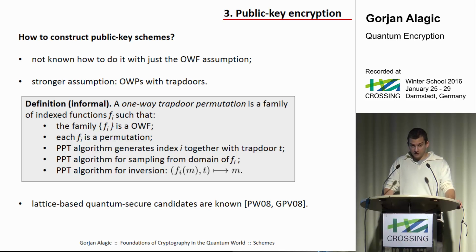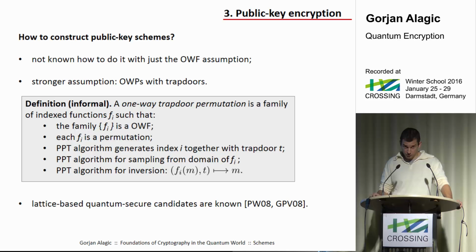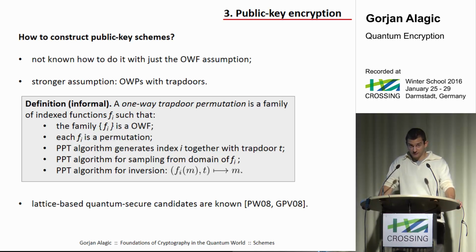We need some efficient algorithm for generating an index, and this algorithm should also output some trapdoor secret T. There also needs to be an efficient algorithm for sampling from the domain of these functions, because they're no longer just n-bit strings like in the standard one-way function definition. And finally, we need a trapdoor inversion algorithm, which takes a value of the function at an appropriate index I, and so long as we have the corresponding trapdoor T, we can actually invert the function.